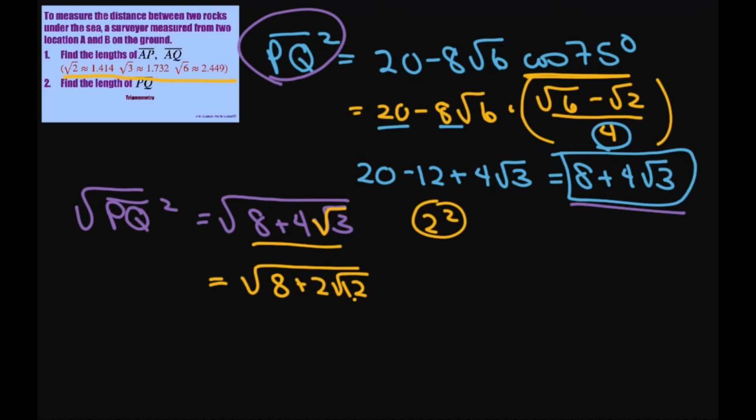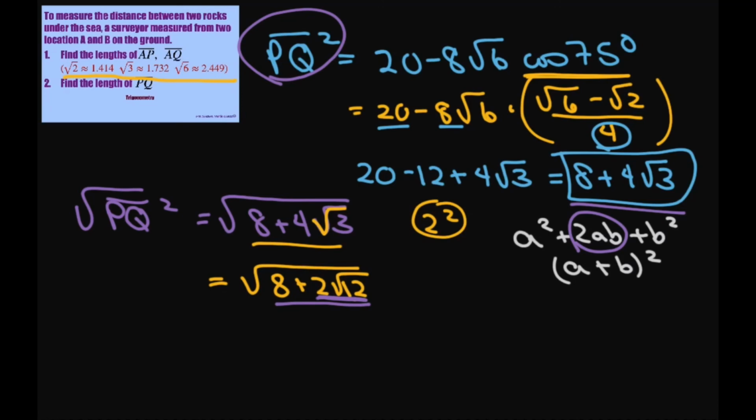And the reason I'm doing that is because I want to use this form of a squared plus 2ab plus b squared equals a plus b squared. So now I want to get this 2ab. So if I'm looking at the 2ab, that's going to be 2, and I can write my 8 as square root of 6 plus 2.